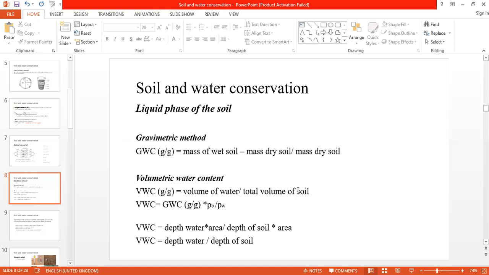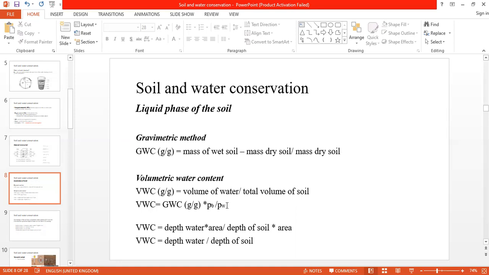So what we do is at first we calculate the gravimetric moisture content, because that one is easy: we just weigh the wet soil and the dry soil. But now we want to convert it to volumetric moisture content. In that case, we just multiply the gravimetric moisture content by the bulk density. Volumetric moisture content is equal to gravimetric moisture content multiplied by bulk density over the density of water.